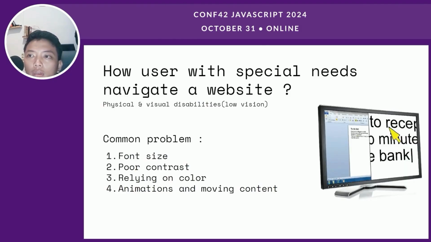For low vision people, the common problems are that the font size is too small or maybe too big, the color contrast is too poor, and they also rely on color. The animation and movement may be too fast, with so many animations. So it's also a problem.